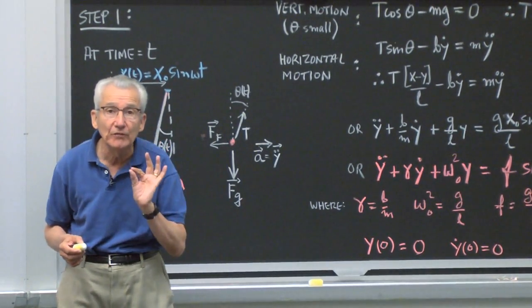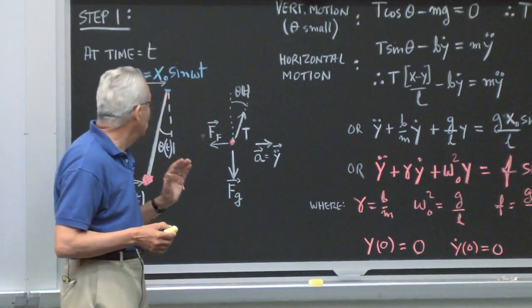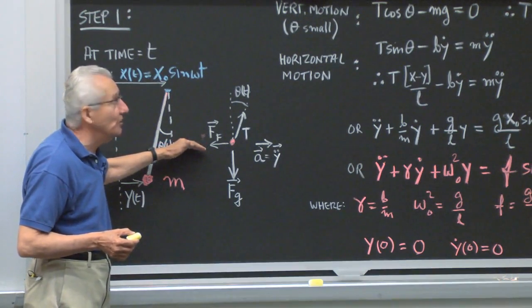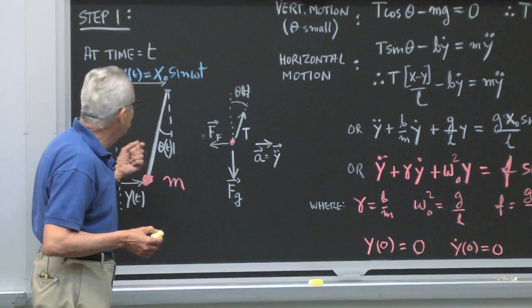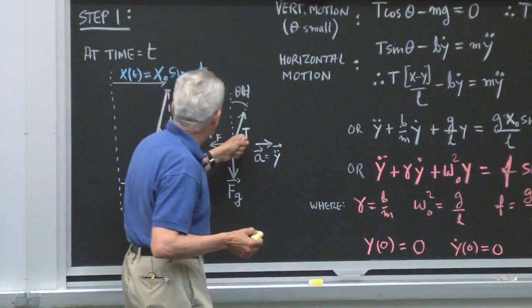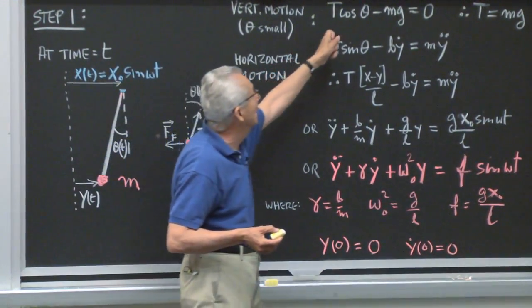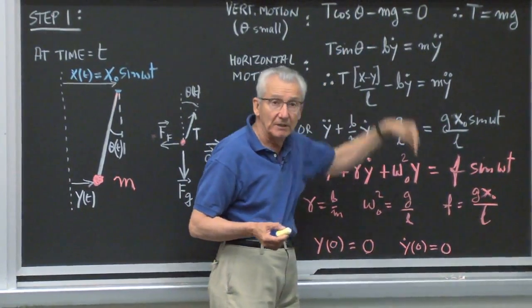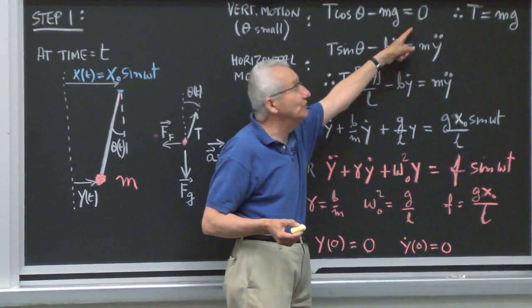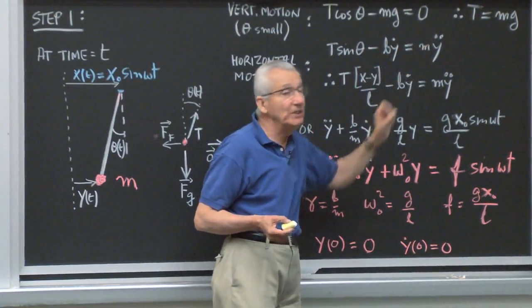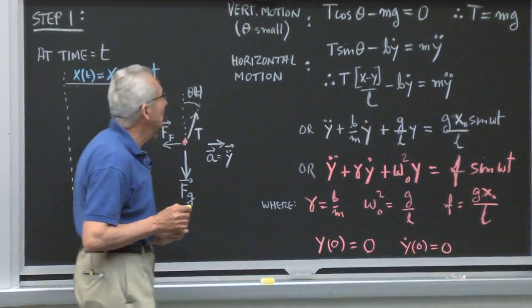So I can ignore the vertical motion. The vertical acceleration is 0. The net vertical force is the component of T in the up direction, T cosine theta, minus the gravity down, and that's equal to 0, no acceleration. Therefore, T is mg. T is the tension in the string.